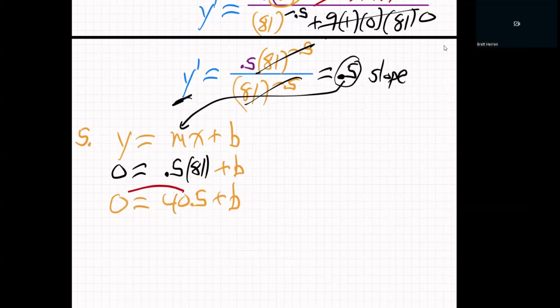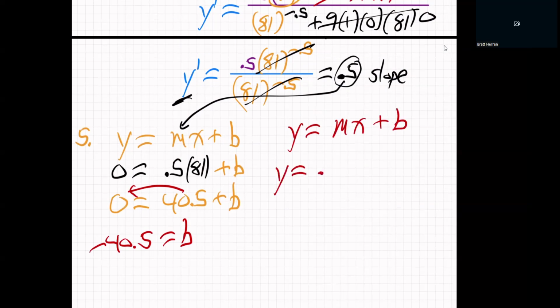And then just jump this to the other side. Minus 40.5, that's b. So we got it. Y equals mx plus b. Y equals 0.5x because we found the slope is 0.5. B is minus 40.5. There it is.